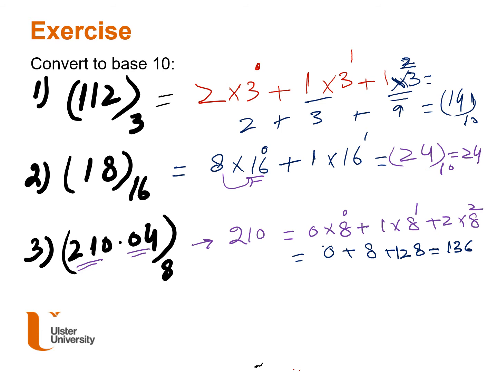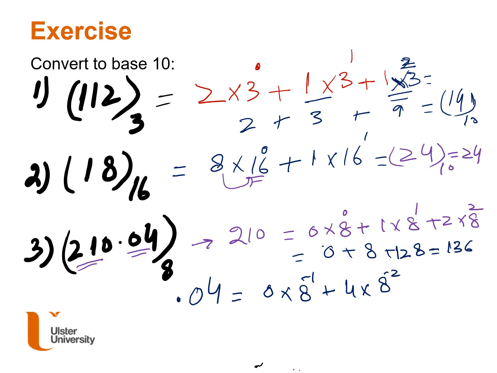And looking at the decimal part, we got 0.4. We know that for the decimal part, we multiply with a to the power minus 1, plus 4 multiplied with a to the power minus 2.